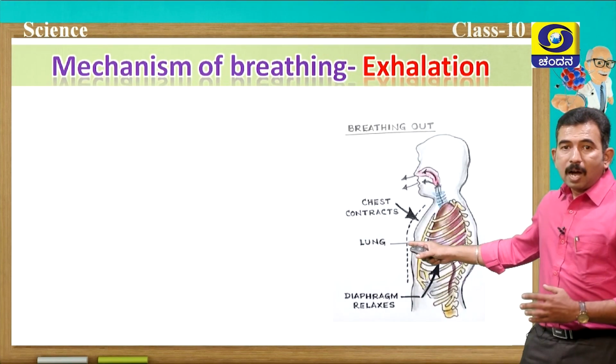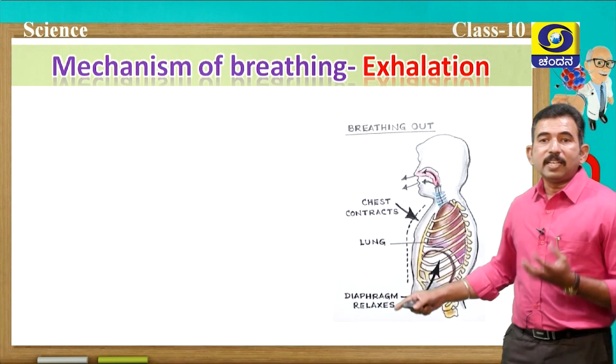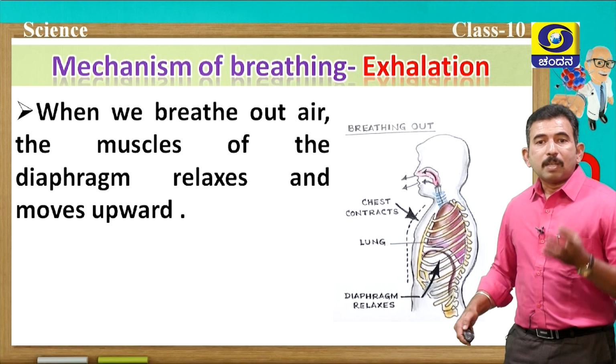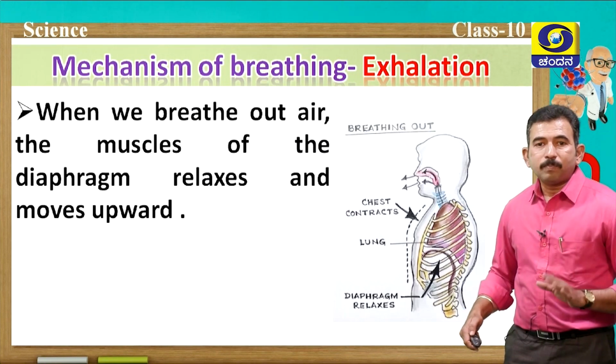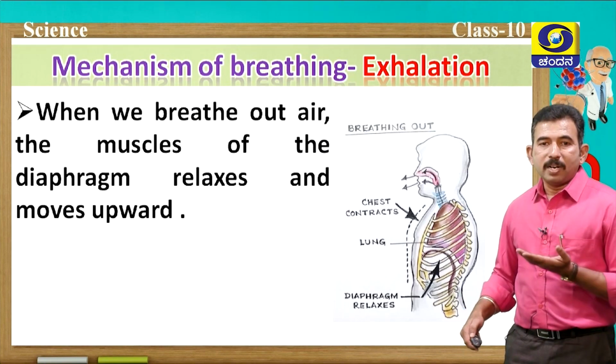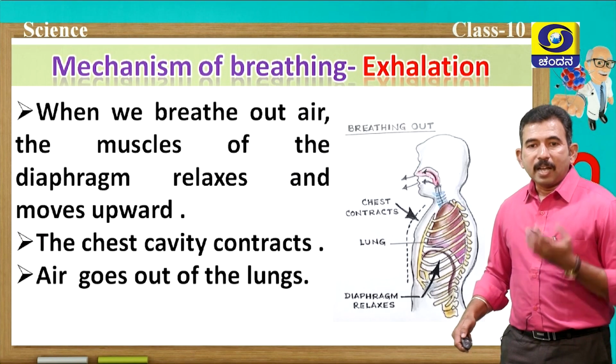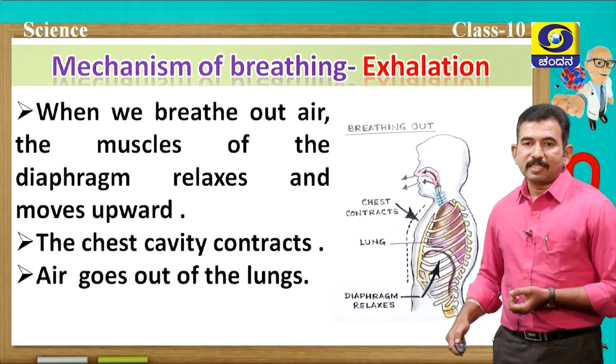When we breathe out, the air is rich in carbon dioxide, and of course, the muscles of the diaphragm relax and move upward. The chest cavity contracts and air goes out of the lungs.